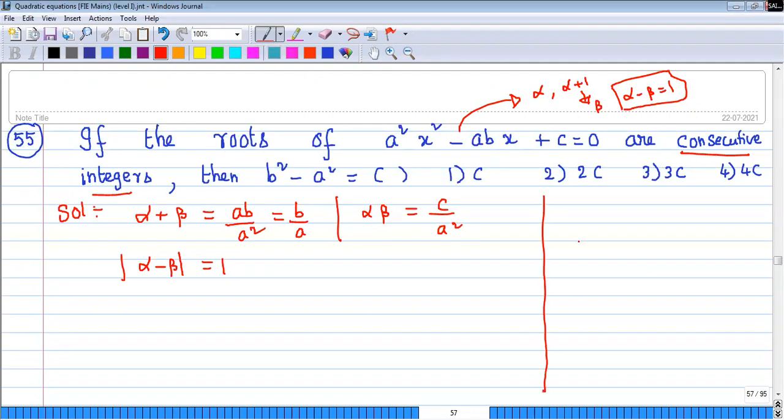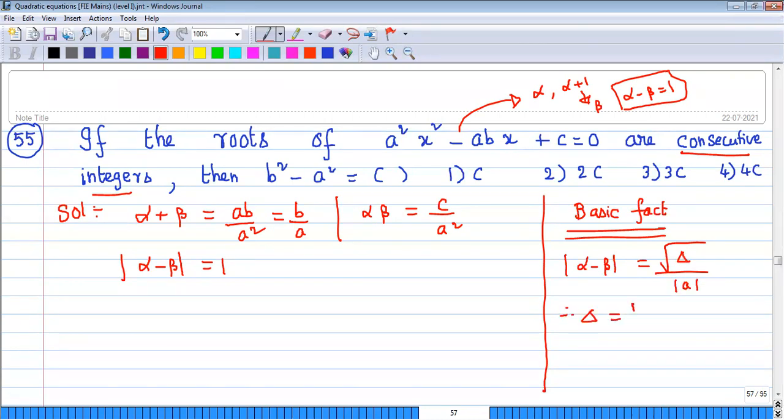Once again, let me recall the basic fact. What is the basic fact? Modulus of alpha minus beta is equal to root over delta upon mod A. So delta is equal to b square minus 4ac. Here b square means a square b square, minus 4a square c.